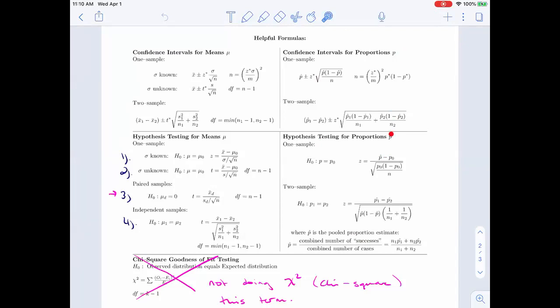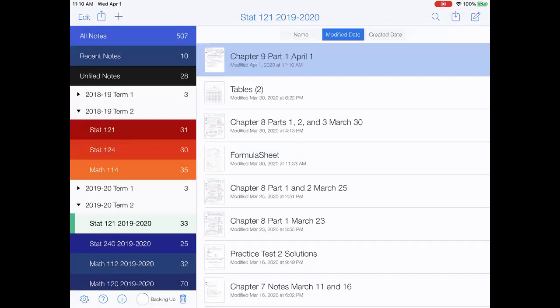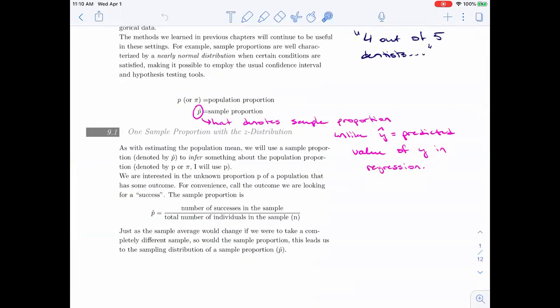So what we said before was that we will always use Greek letters for populations. We could use pi, and a lot of people do use pi, but it can get confusing because pi is a number, or a constant.